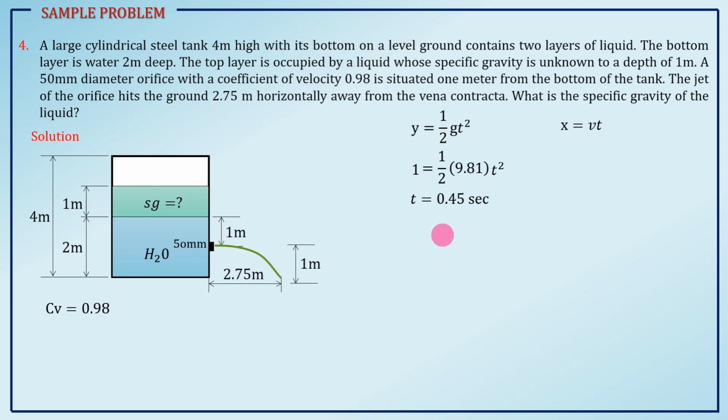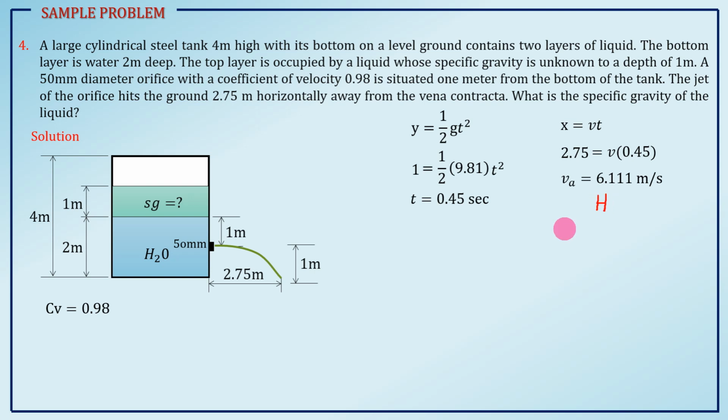Then, using this time, we can solve for the velocity using x is equal to vt, wherein x is 2.75 meters, velocity unknown, time is 0.45. 2.75 divided by 0.45, our actual velocity is 6.111 meters per second. We can use this actual velocity to calculate for the head h.